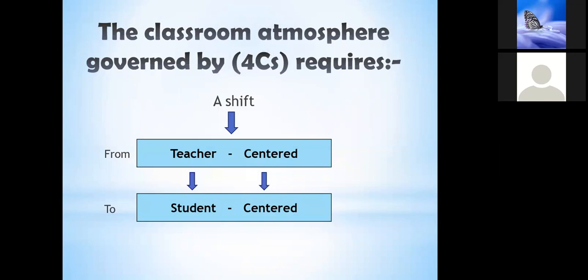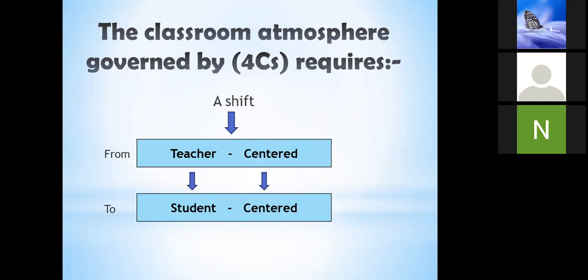The classroom atmosphere governed by the 4 C's requires a shift from teacher-centered to student-centered. Teacher-centered is where the teacher stands in front or middle of the class while students sit quietly and are not allowed to talk to each other, and the teacher is the main source of students' information.